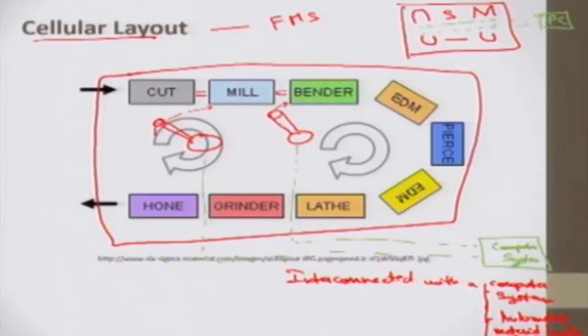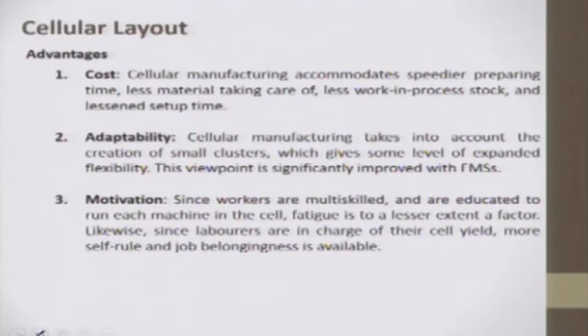And these machines which are there are CNC machines. In one cell there are CNC machines, and these machines can also be connected to this automated system, so material handling, machining, processing, and setup are all synchronized by the computer.